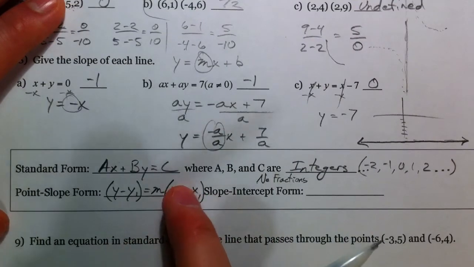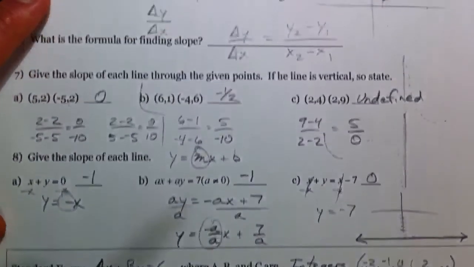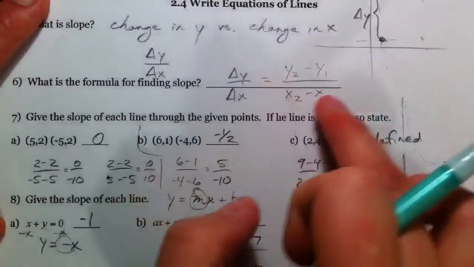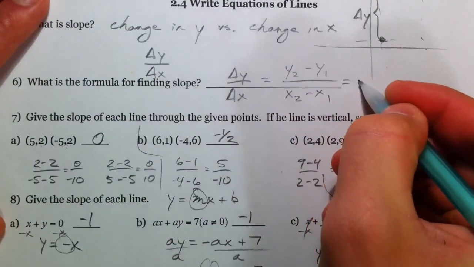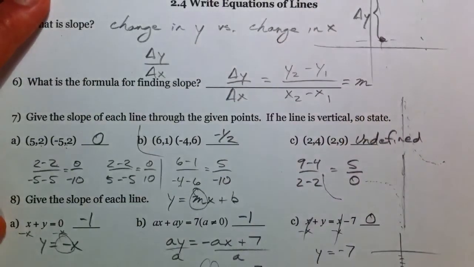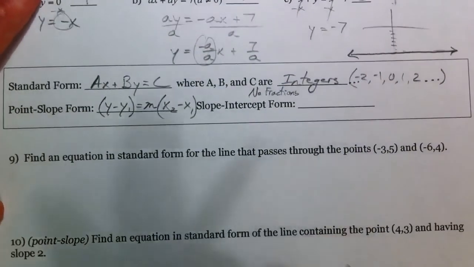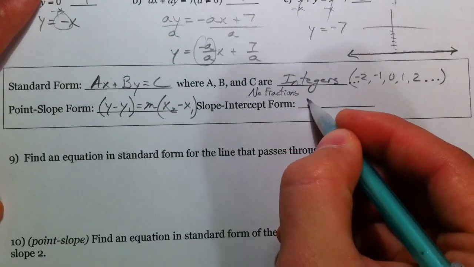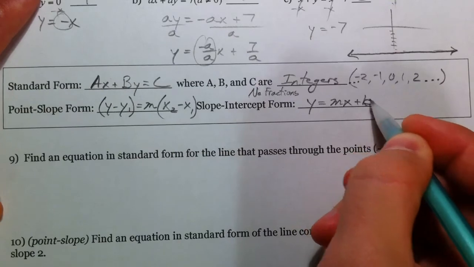If you divide the x minus x1 back to the other side, you really have your slope equation: y2 minus y1 over x2 minus x1 equals your slope. And then finally, slope-intercept form, y equals mx plus b.